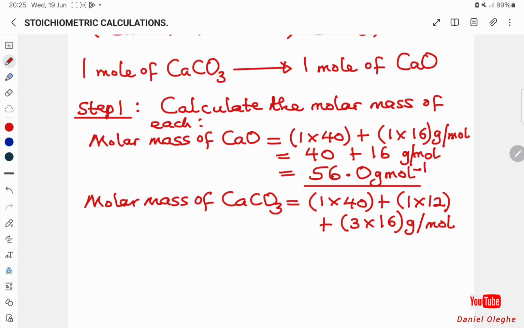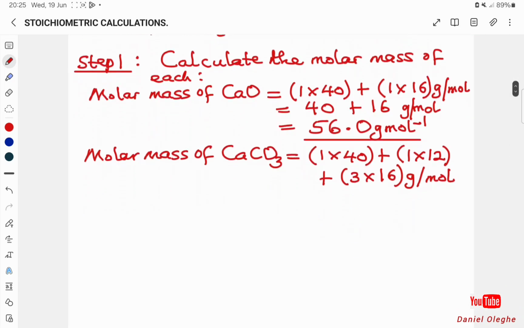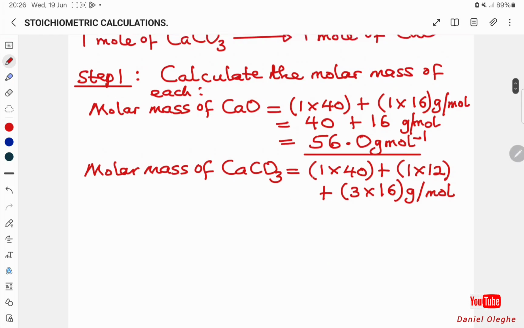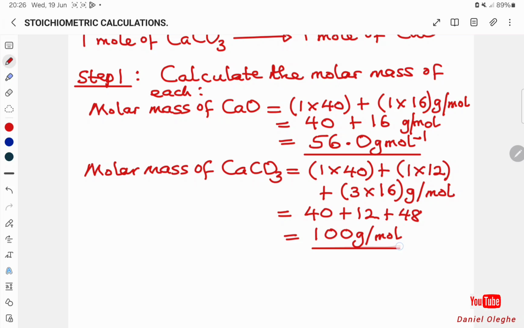You must consider the number of atoms of the component element and multiply by the atomic mass of the element given. So you have 40 plus 12 plus 48, add everything up, you have 100 gram per mole. That's the first thing you do. Calculate the molar mass of each substance involved.